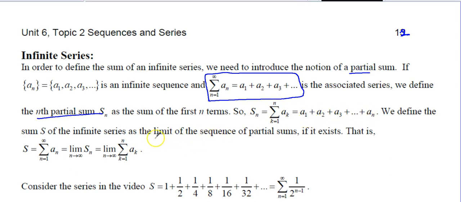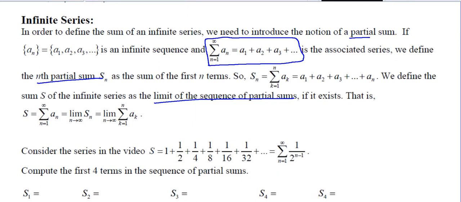Now we have to see the limit of the sequence of partial sums. So we are going to predict what happens if we go to infinitely many terms, if we add infinitely many terms. So this is a very important notation: if n goes to infinity, if the partial sums converge, then the sum converges.